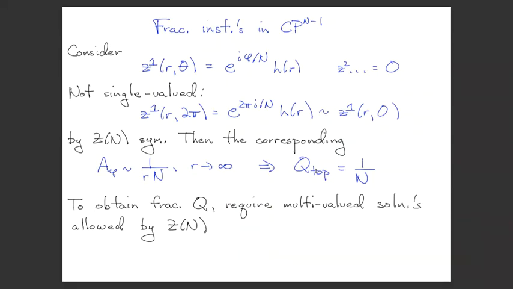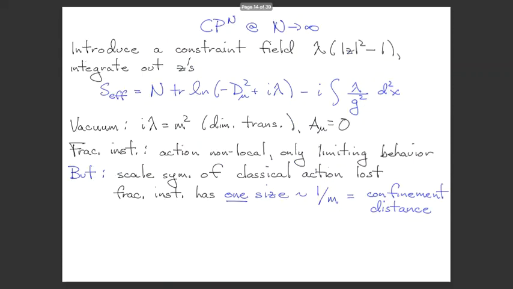And when you do that, this is some fictitious vector potential, you get topological charge that's 1/N instead of an integer. And the point is, to obtain this, you have to have multi-valued solutions. That's the only thing I want you to remember from this model.